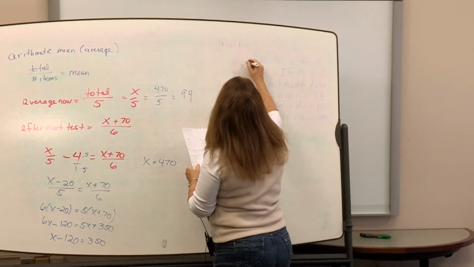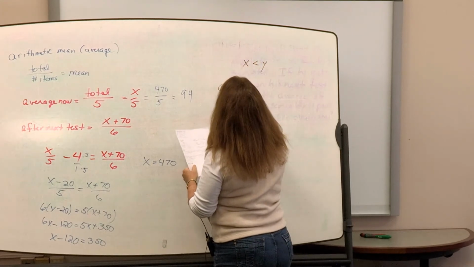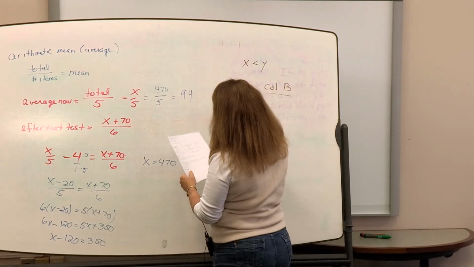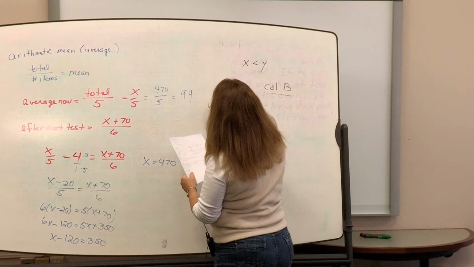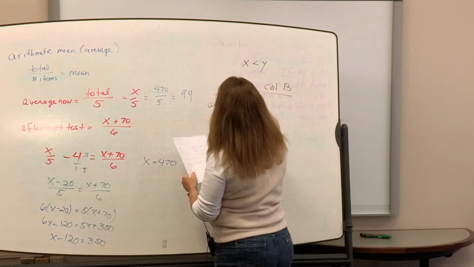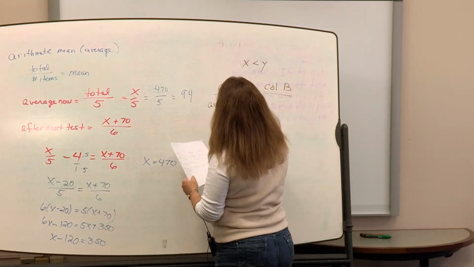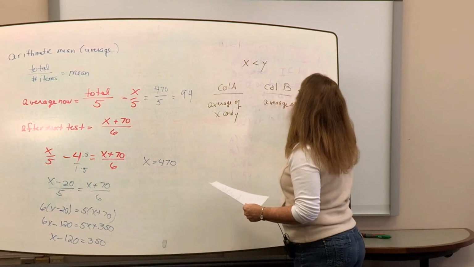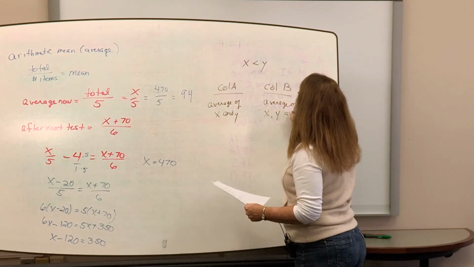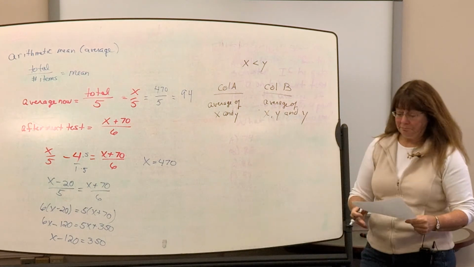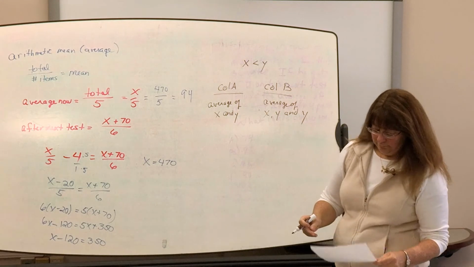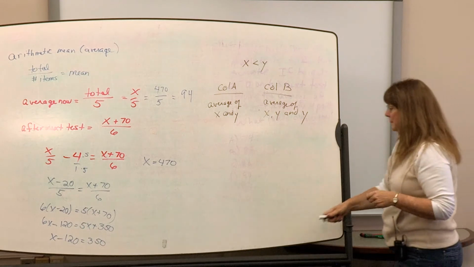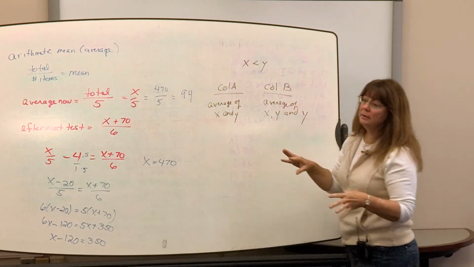We are going to average X and Y, and we want to compare its average with X, Y, and Y. Which one's going to be bigger, column A or column B?